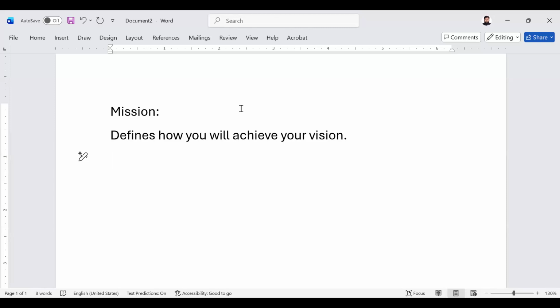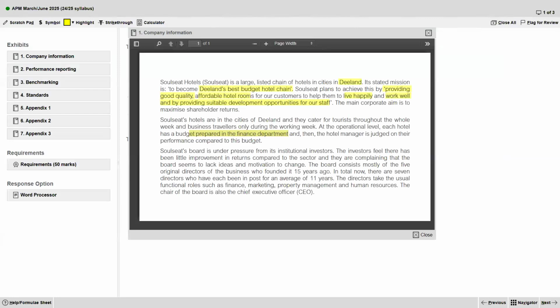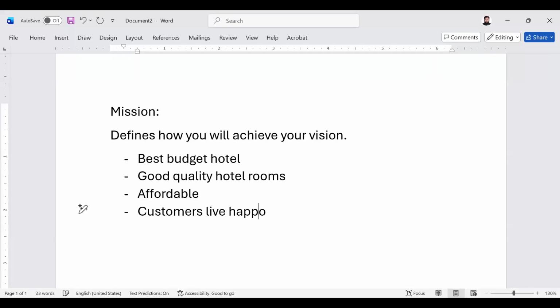Now see over here, it actually wants to be the best budget hotel. What else does it want to do? Good quality hotel rooms, affordable rooms. Then what else is there? Customers live happily.